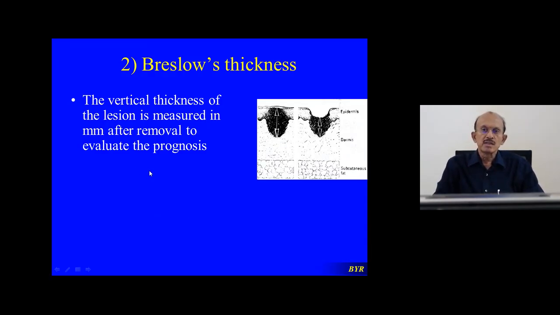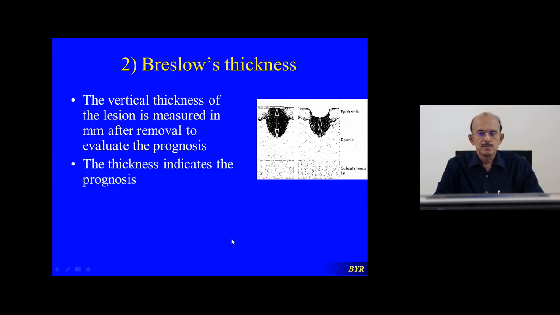So the prognosis is dependent upon the vertical spread. If it spreads more deep, it is more dangerous. If it spreads horizontally or laterally, it is less dangerous. The thickness indicates the prognosis. So Breslow's thickness means you measure the thickness after removal of the lesion.